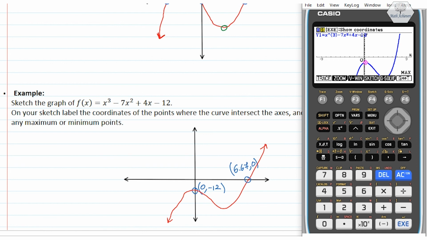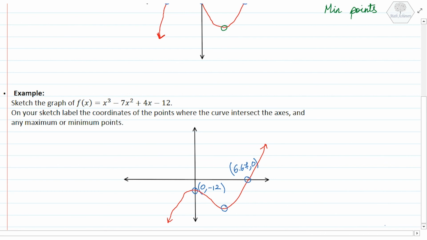I go to Shift G solve and I press minimum, having the coordinate of the minimum point to be 4.36 with the y around negative 44. So it's 4.4 with negative 44. So this minimum point is 4.4 with negative 44.